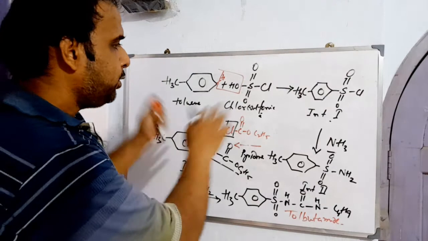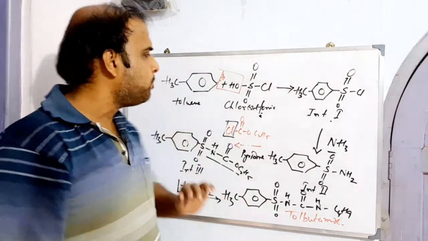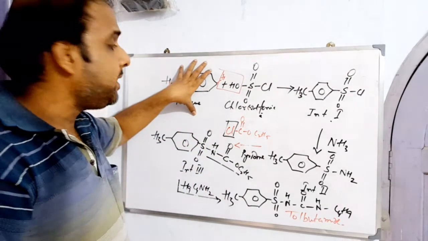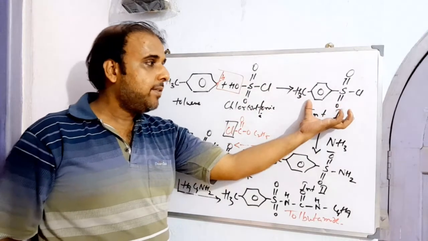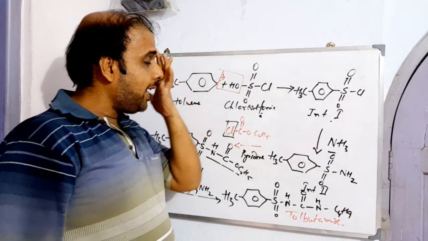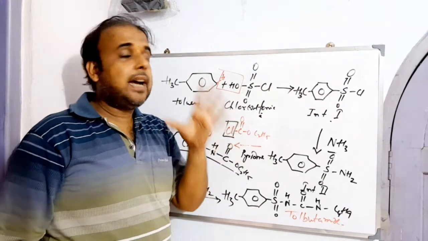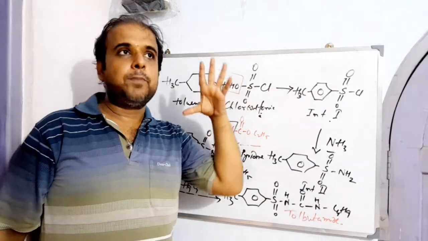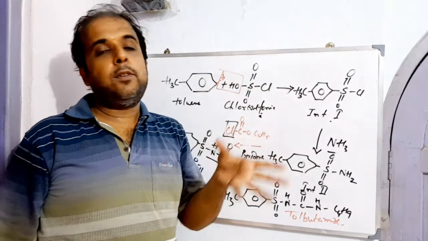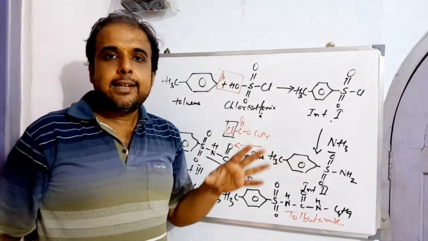So hope you have understood, right? So let us just brush it up once more. Initially toluene will react with chlorsulfonic acid. There is a formation of sulfonyl chloride, right? We have started the making of tolbutamide, just simply focusing on the structure which we need to build. We have just dissected it into so many parts.